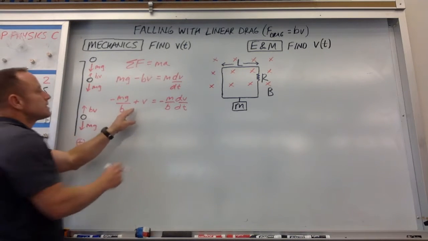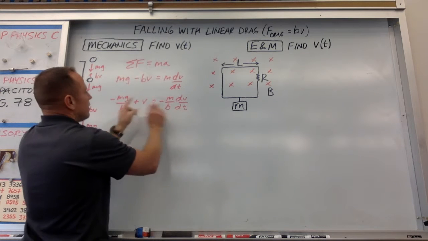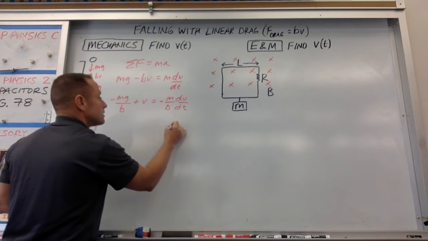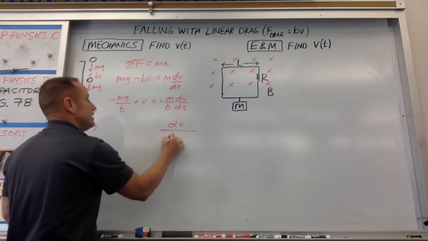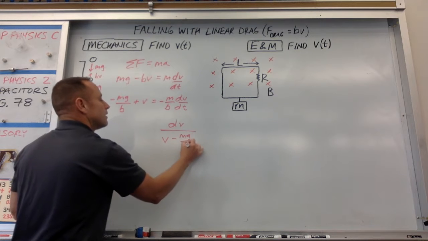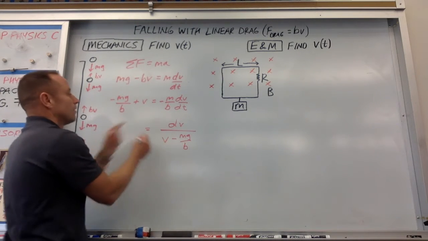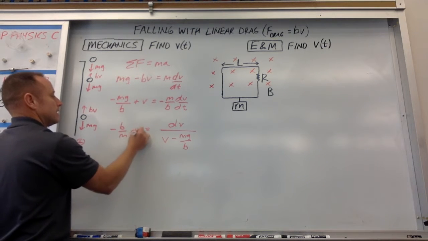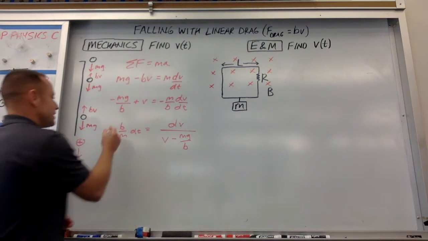What I'm going to do is move all this on the left, under the dv. So dv over v minus mg over b, and everything else is going to come to the right: minus b over m dt. So it's now separated, I can then integrate.